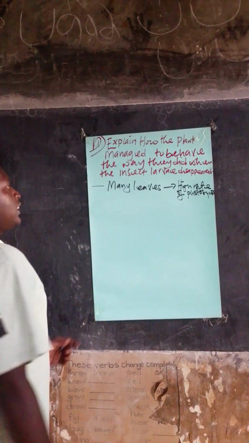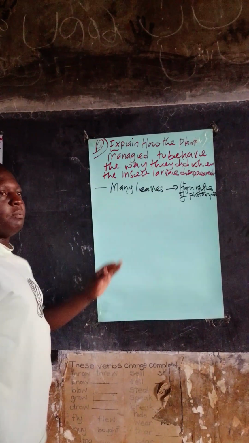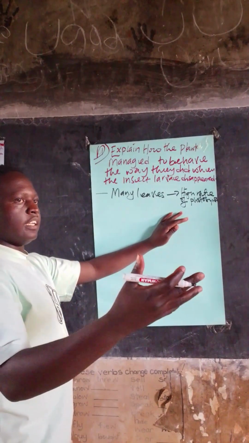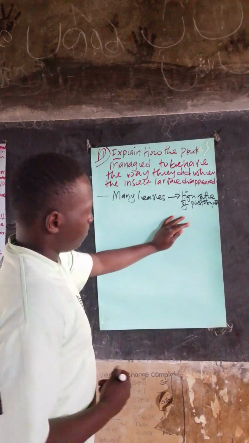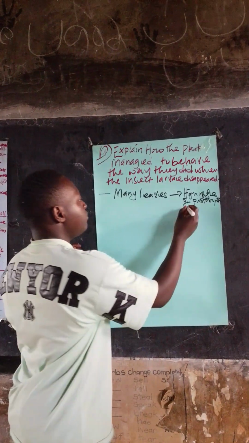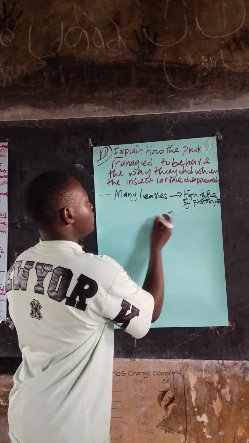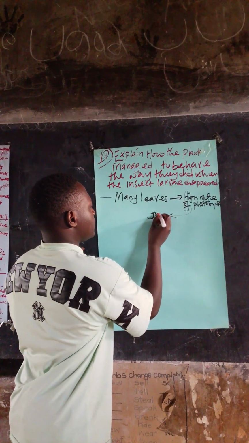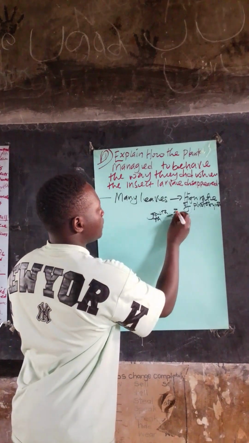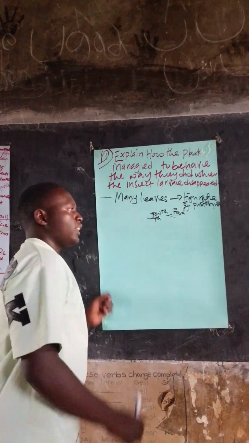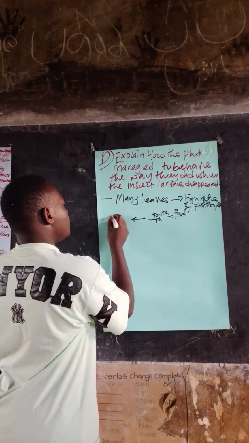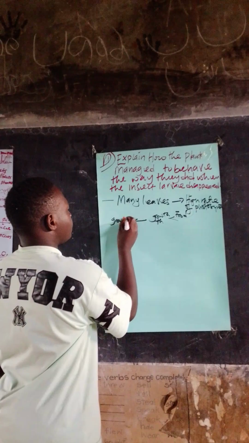So after some time the plant managed to resume photosynthesis in the way it is supposed to be. After resuming photosynthesis, the food for growth was somehow available.